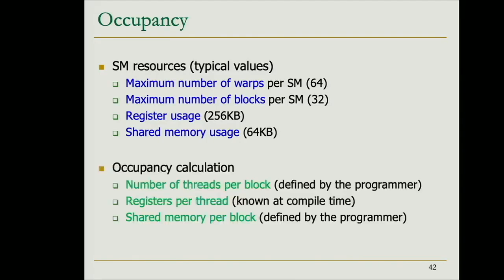Okay, so these are the things that you have to take into account when you want to do the occupancy calculation. And in principle, one of the basic rules for optimizations of GPU programs is to try to increase the occupancy. In the end, it's not always a very good practice. For example, if your workload is very, very memory bound, you have many, many accesses to global memory, it might be good to actually reduce the occupancy a little bit, because this way we won't put so much pressure on the interconnect and on the memory subsystem.